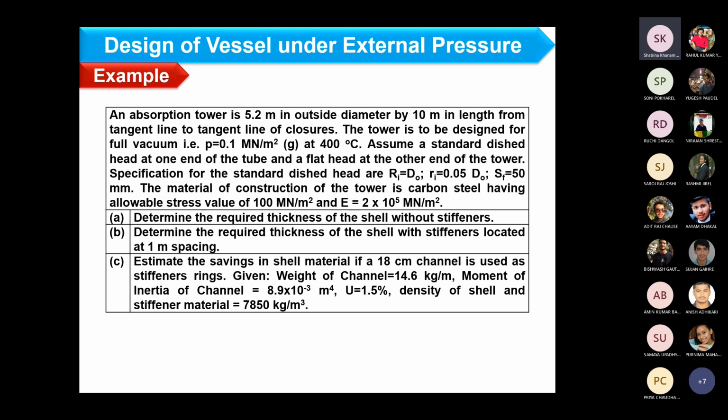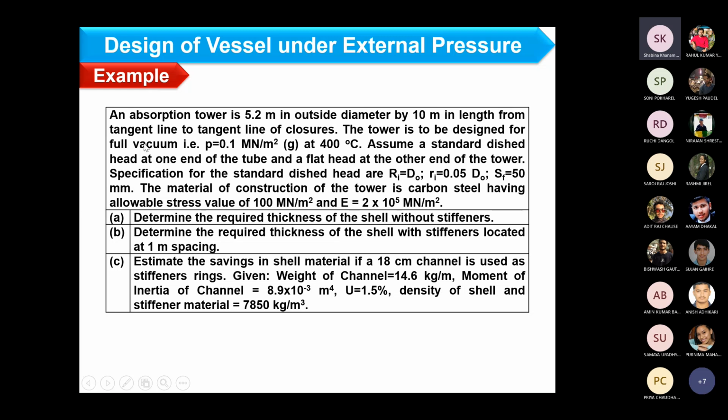The tower is to be designed for full vacuum, as P is given as 0.1 mega Newton per meter square. This P is given in gauge. If it is absolute, you need to convert that into gauge. And this is at 400 degrees Celsius.